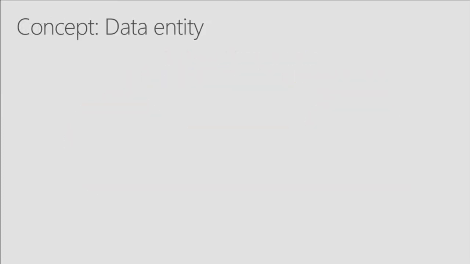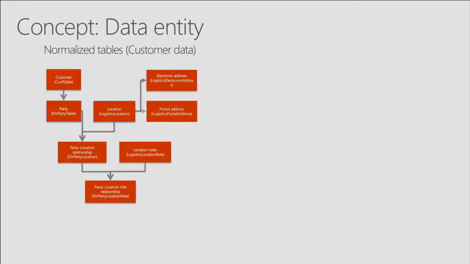So an important concept in this whole thing is the concept of data entities. So on the left side, you have a normalized view of tables in finance and operations. It's basically everything that constitutes what a customer record is.